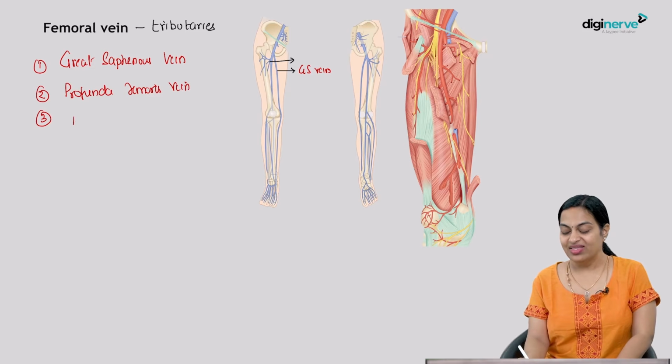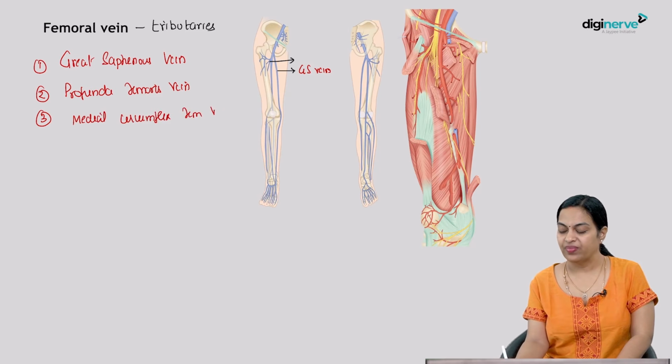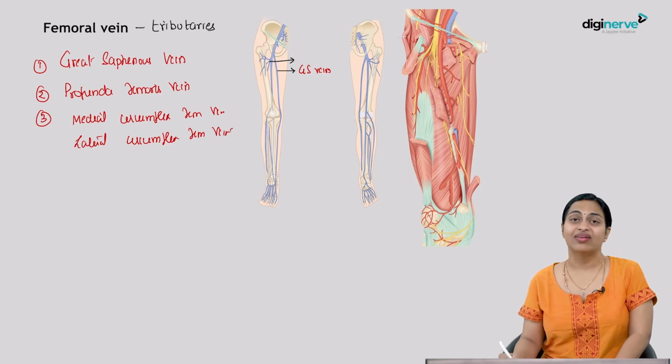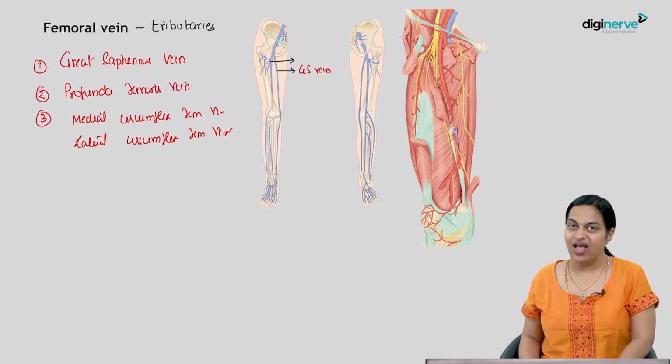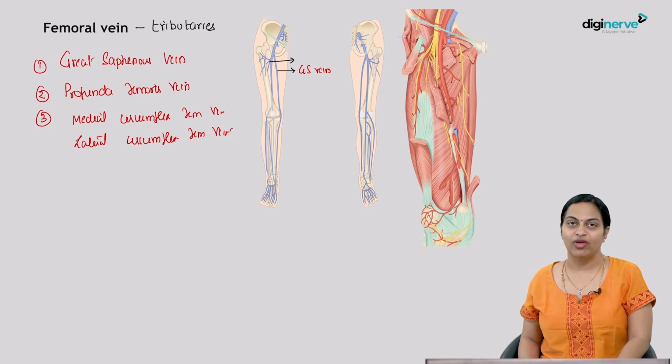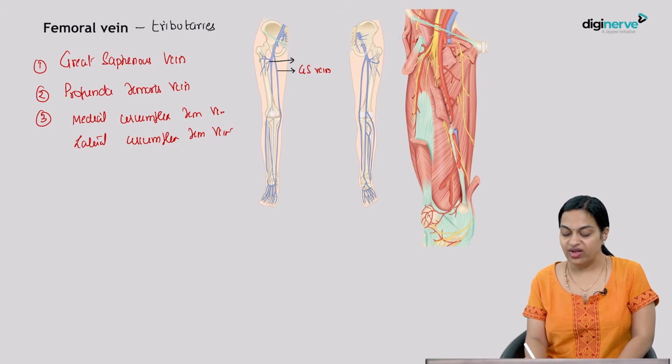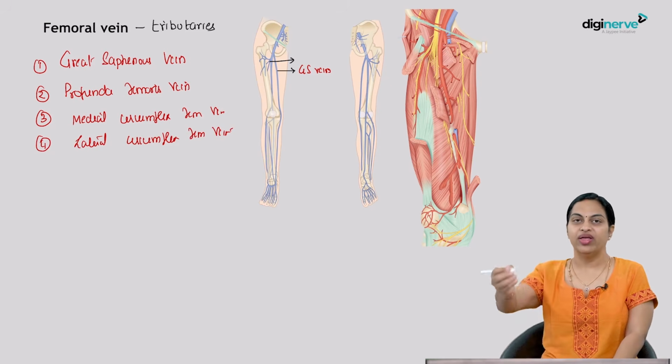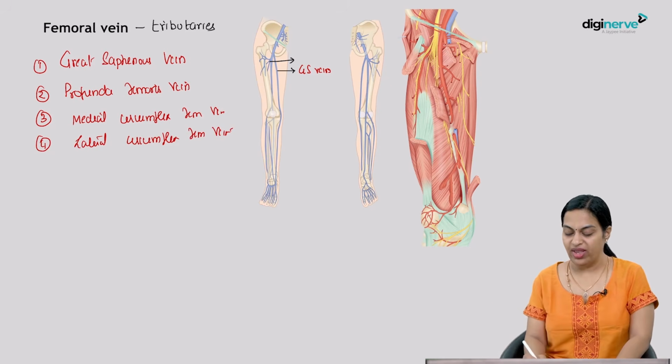And then the medial circumflex femoral vein and the lateral circumflex femoral vein. These medial and lateral circumflex femoral arteries are branches of the profunda femoris artery. The corresponding veins open individually into the femoral vein.